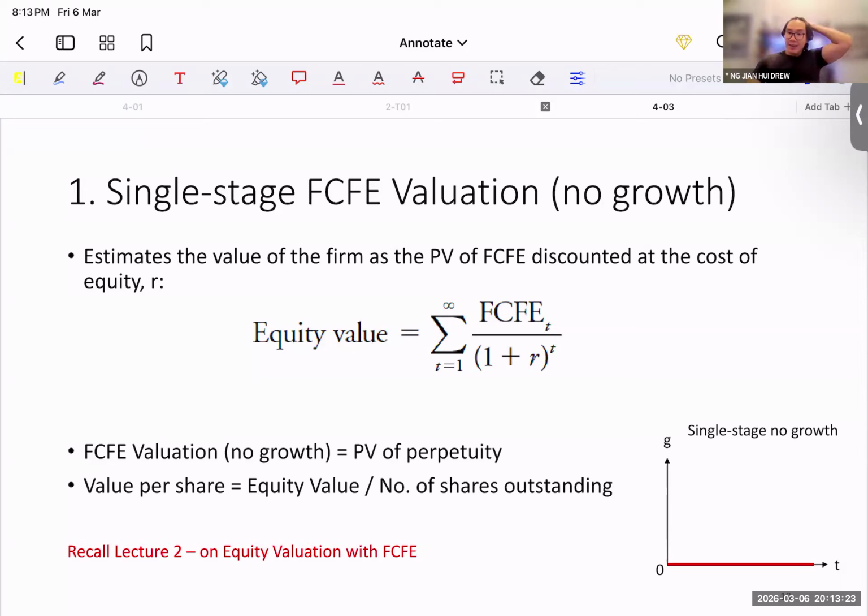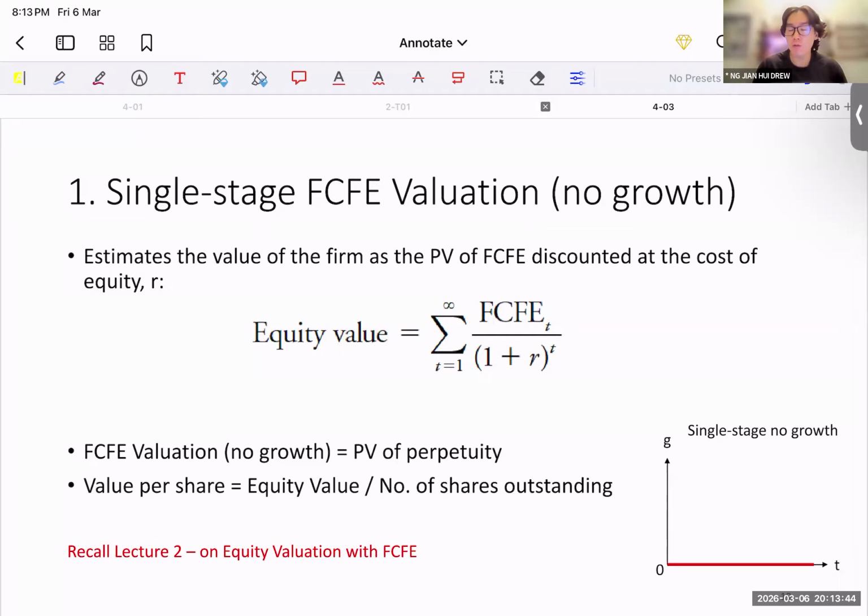Welcome back. So let's continue with the FCFE. We have covered the FCFF, and now for the FCFE, it's going to be more or less the same, not much difference.